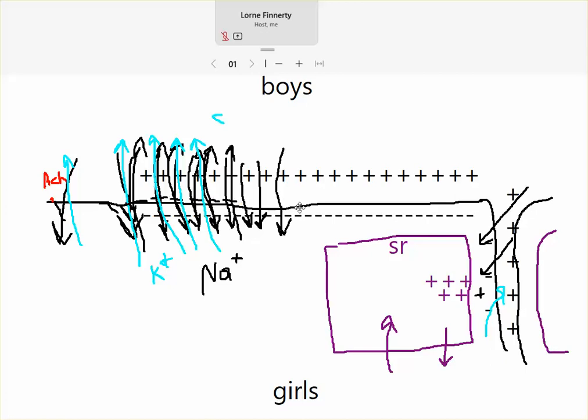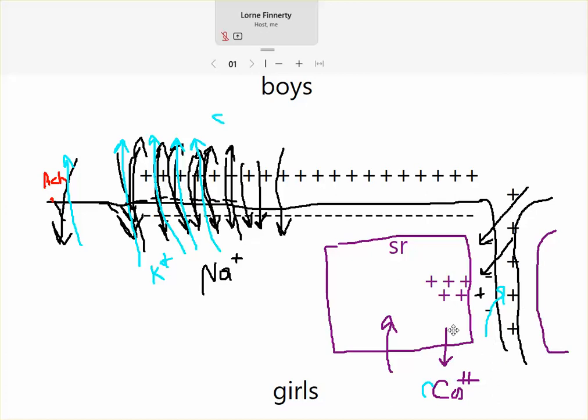The action potential moves along the membrane, down the T tubule, which depolarizes the space between the sarcoplasmic reticulum and the T tubule, which then depolarizes the sarcoplasmic reticulum, which releases calcium, Ca++, out into the sarcoplasm.